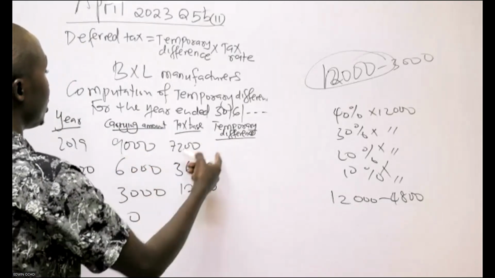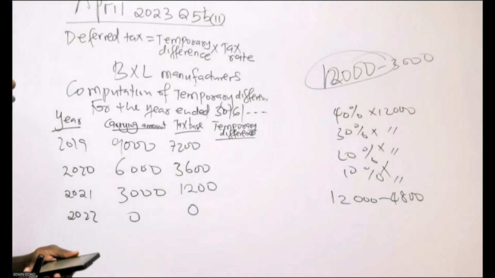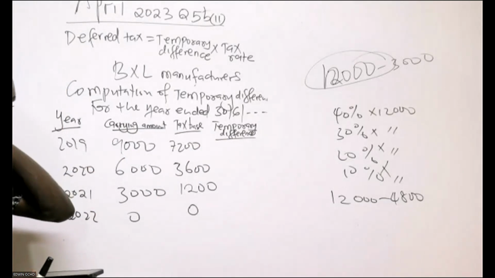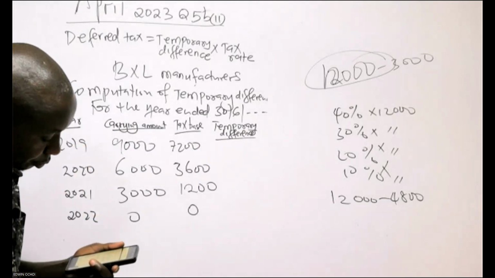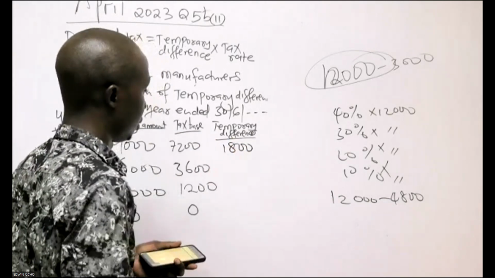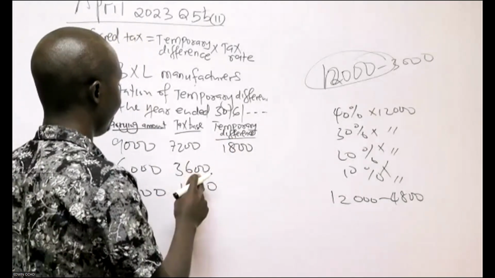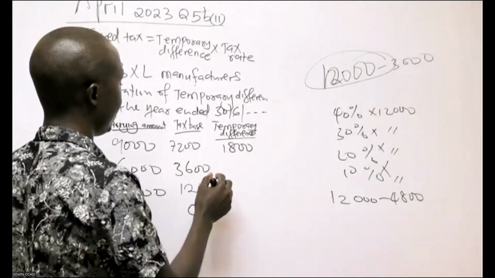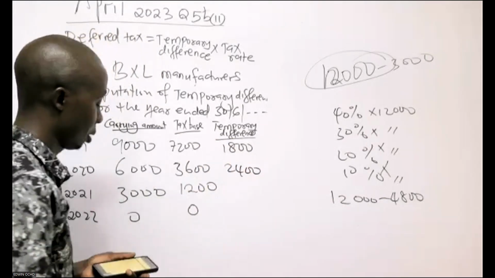9,000 minus 7,200 gives the temporal difference of 1,800. Then 2,400, this minus this.